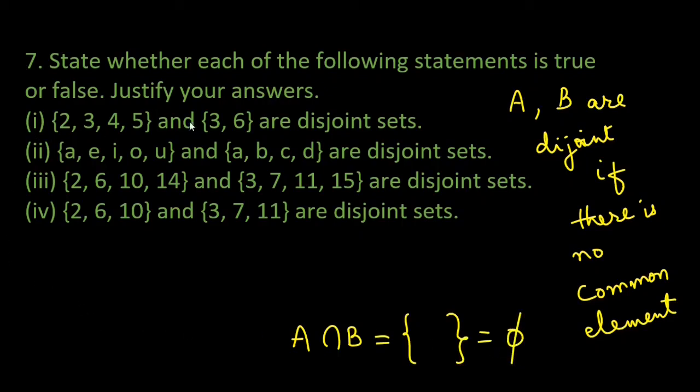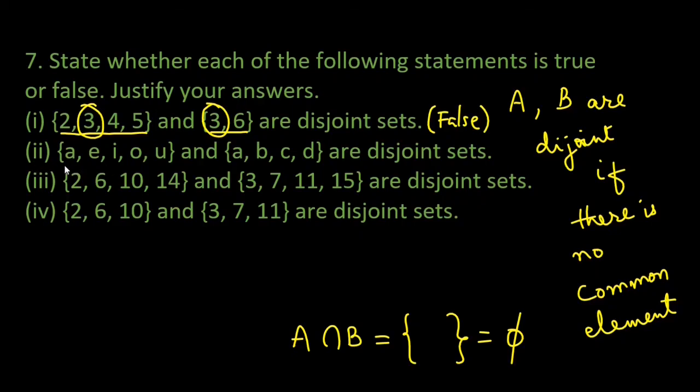In the first problem, the first set is 2, 3, 4, 5 and the second set is 3, 6. We have 3 in both, so it is said they are disjoint sets. So it is false. The justification is that there is a common element 3 in both the sets.